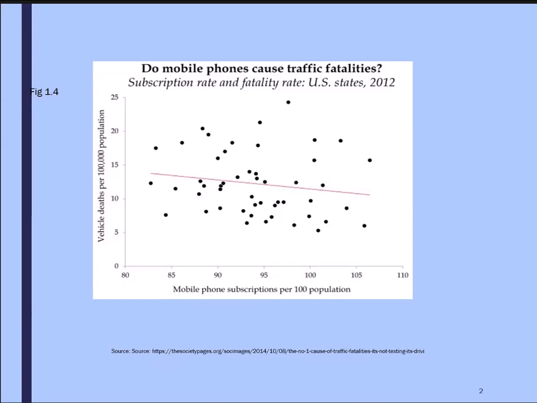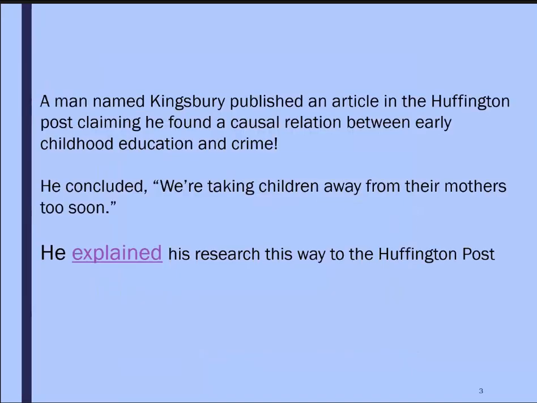Okay, now let's look at some examples. A man named Kingsbury published an article in the Huffington Post claiming he found a causal relation between early childhood education and crime. He concluded that we're taking children away from their mothers too soon. This is how he explains his research to the Huffington Post.